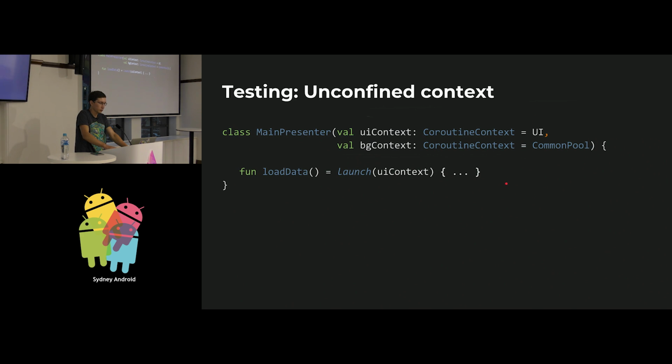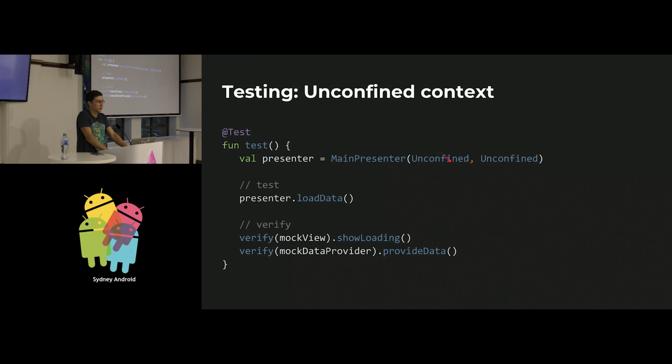And if you want to test this code, we can just use an unconfined coroutine context. When you specify it, all the work will be done on the current thread, so synchronously in your test. That way you can test all your code which uses coroutines.